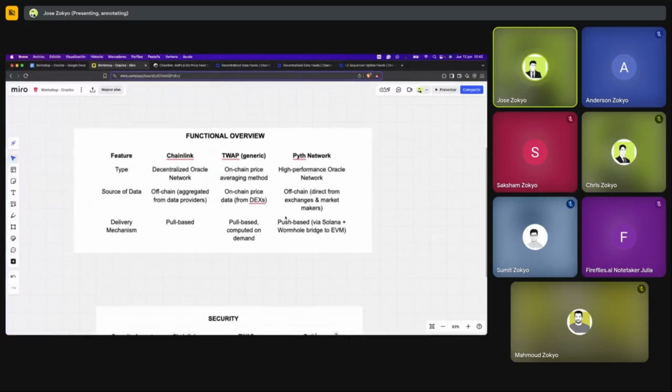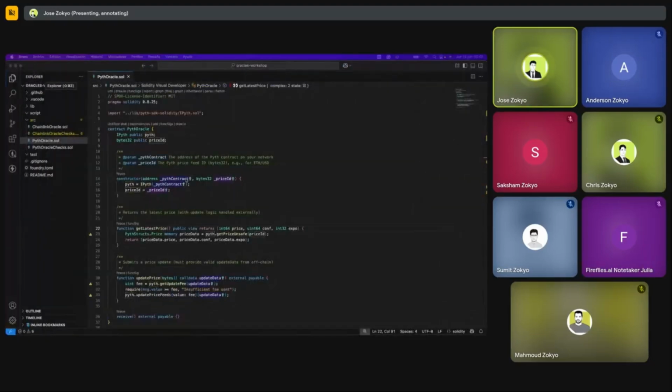In this case, Chainlink was a push-based delivery mechanism oracle, and Pyth is a pull-based one. What does it mean? This means that Pyth is not actively pushing updated prices. How Pyth works is that they produce the prices off chain, and they are not pushing the prices on chain actively.